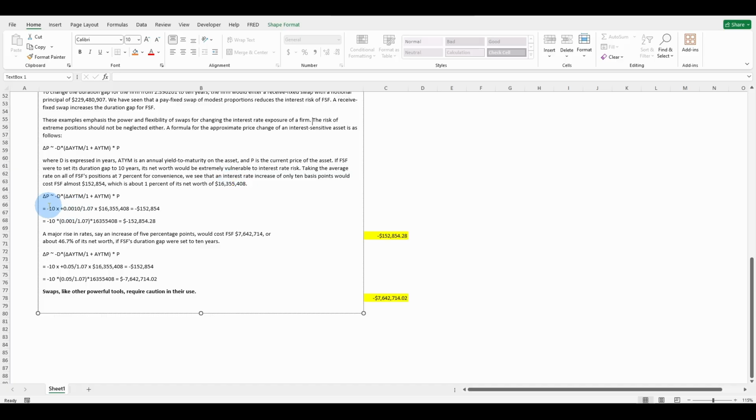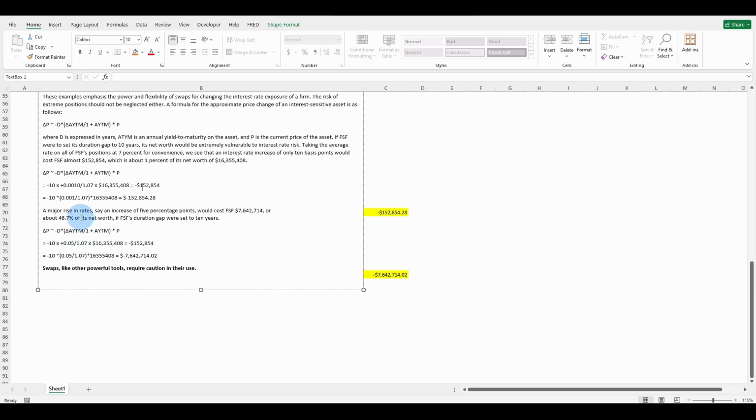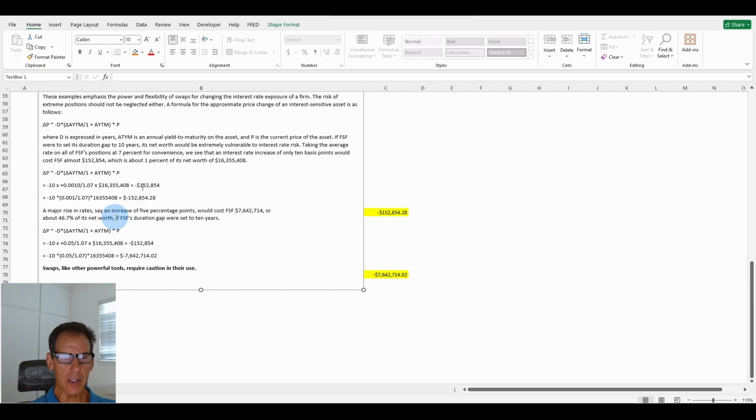Here it is: 10 times 0.001 divided by 1.07 gives 152,854. A major rise in rates, say an increase of 5 percentage points, would cost FSF $7.642 million, or 46% of its net worth, if FSF's duration gap were set to 10 years.